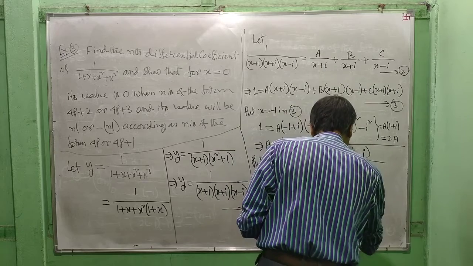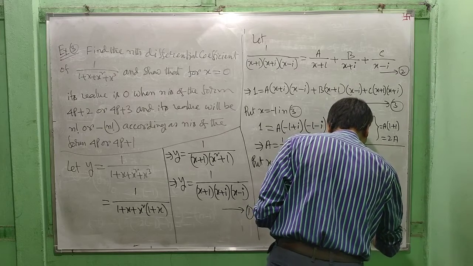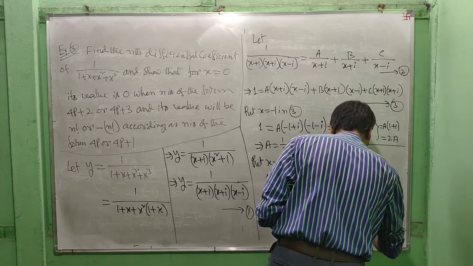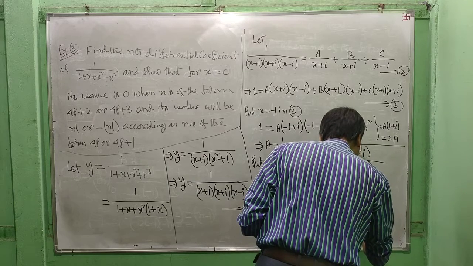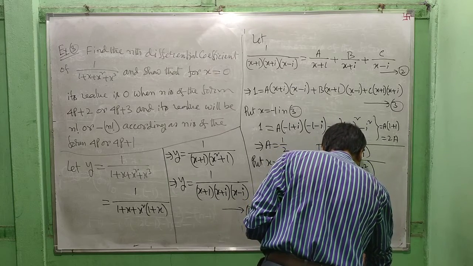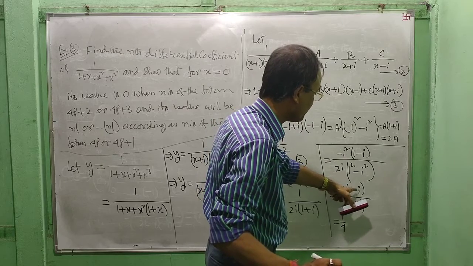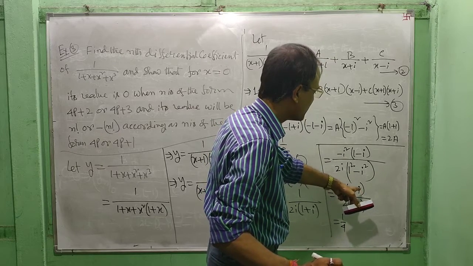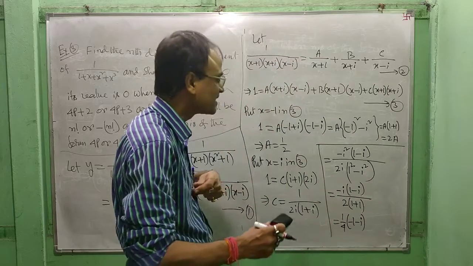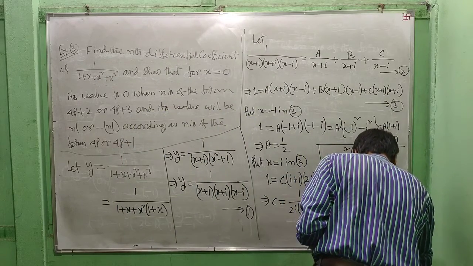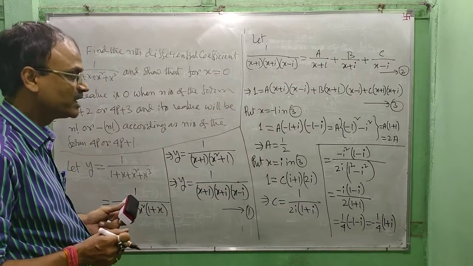You will get c equal to minus i (1 minus i) divided by 2 into (1 plus 1). I square means minus 1, so from the denominator you will get 4, and minus i plus i square means minus i minus 1, which is minus 1 minus i. This is equal to minus 1 by 4 into (1 plus i).